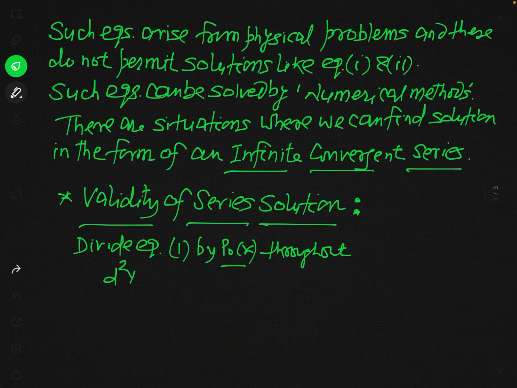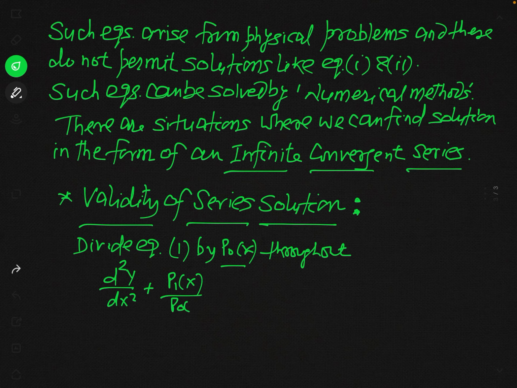You can see, if we divide equation 1 by P0 of x throughout, then the first term will be d2y by dx square. In fact, P0 of x will cancel out in the first term.